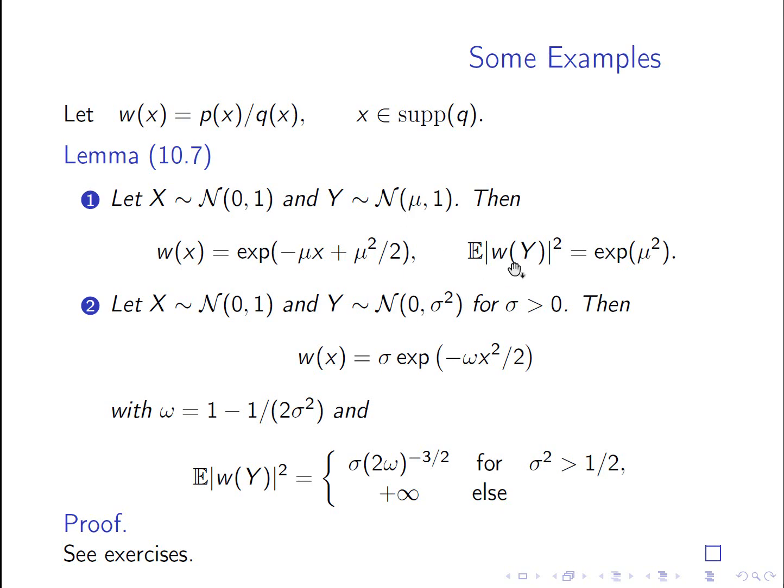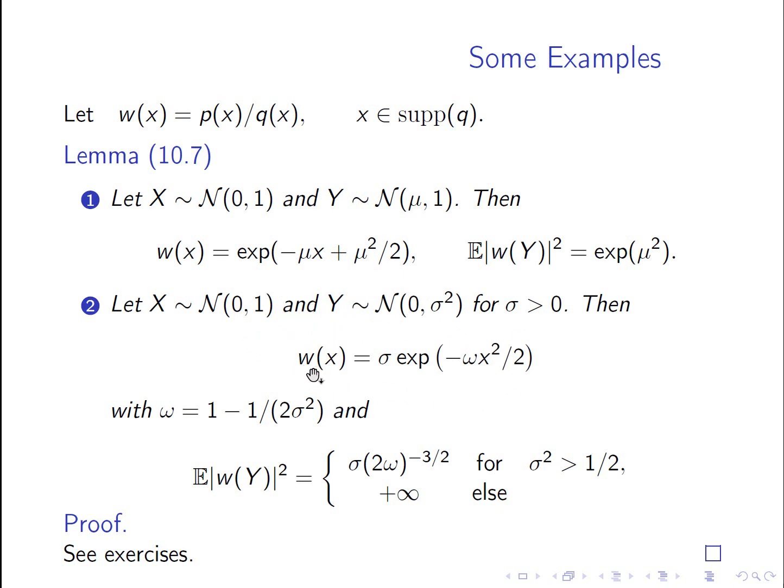So here you can at least guess a bit what this change in the mean means for the change of the variance. Okay. And the second case, we start again from a standard normal distribution, and now we are changing the variance from 1 to sigma squared. Then we are getting this importance sampling factor.